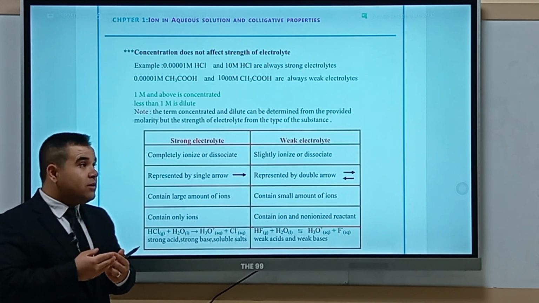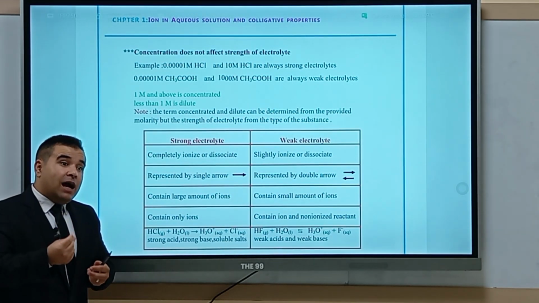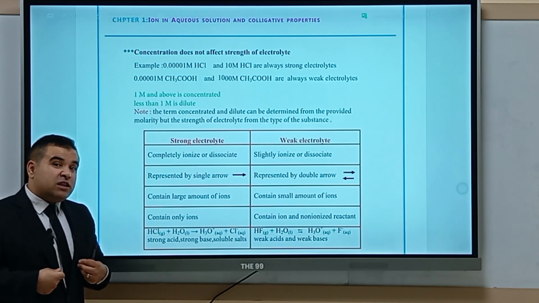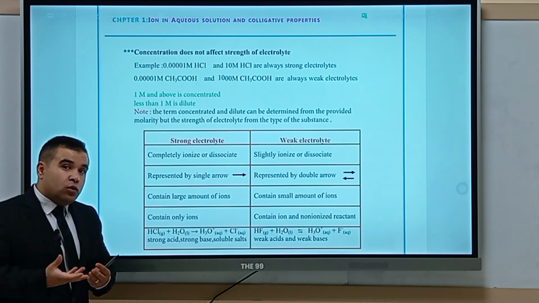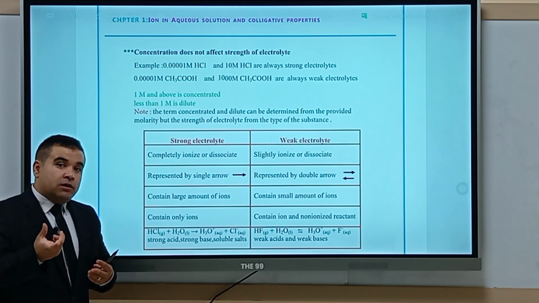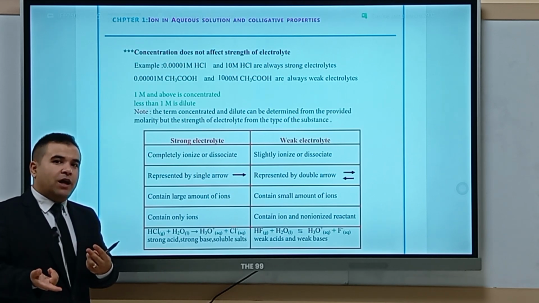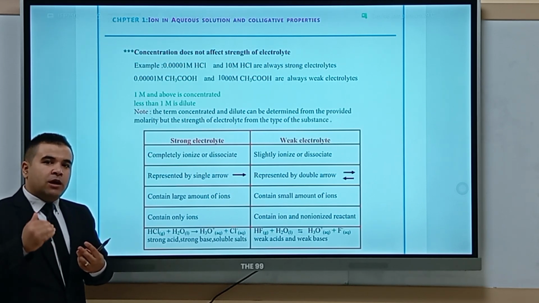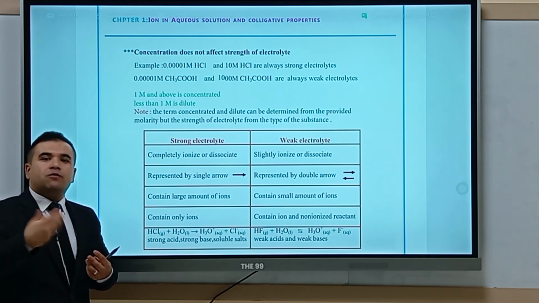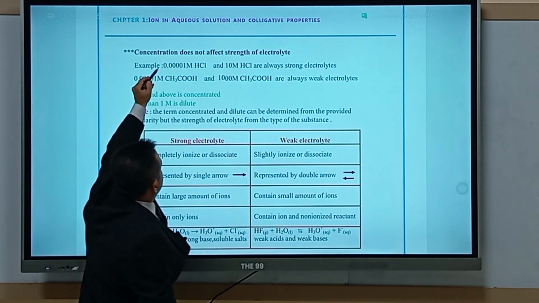A concentrated one contains a high amount of solute. But if we add more solute to the solution of any substance, changing the solute amount does not change the property of that solute to become a strong electrolyte from weak, or to become a weak electrolyte from strong.